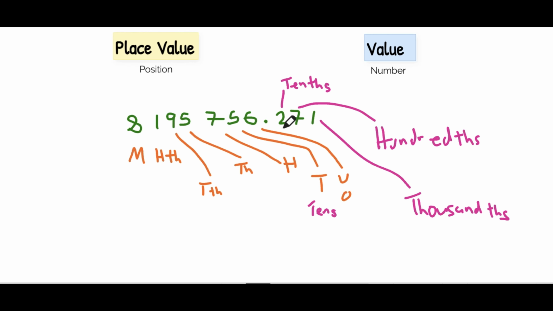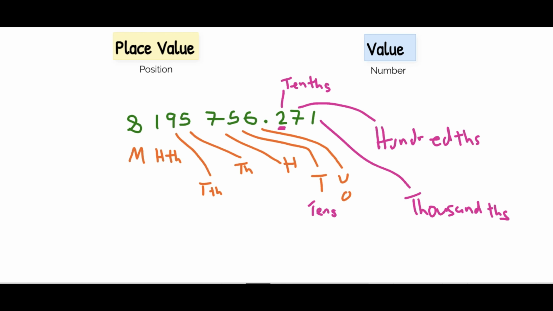So you have to know. If they ask what is the place value of this 2, it is the tenths. But what is the value of the 2? Because it's after the decimal point, we say 0.2.